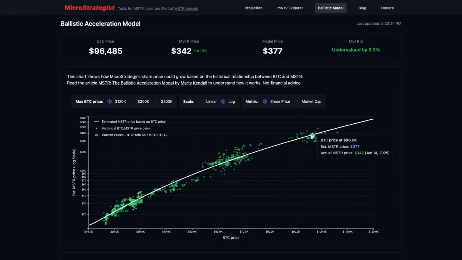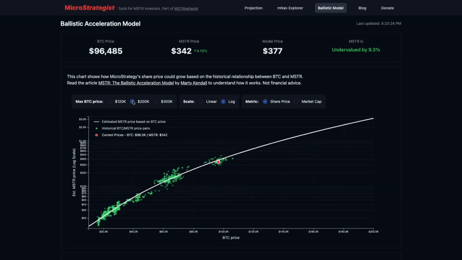Okay, so today, Bitcoin price of 96.5K. His model says MicroStrategy should be 377. It's actually at 342 today, so therefore we're undervalued a little bit according to this model. So okay, let's zoom out a little bit more. Let's look at just 150K. The price of Bitcoin 150K. That puts the estimated MSTR price at 1.3K.